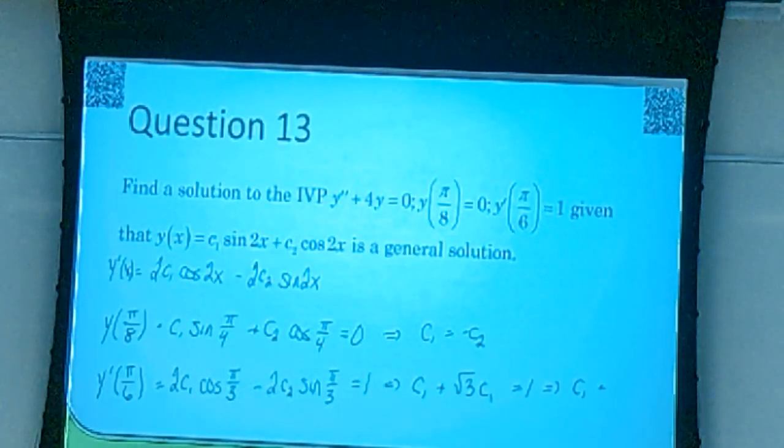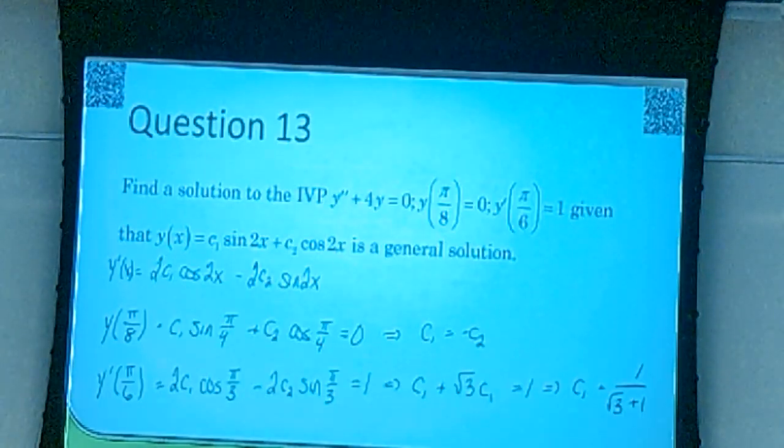This should give us what C1 is: 1 over root 3 plus 1. C2 would have to be the opposite of that.